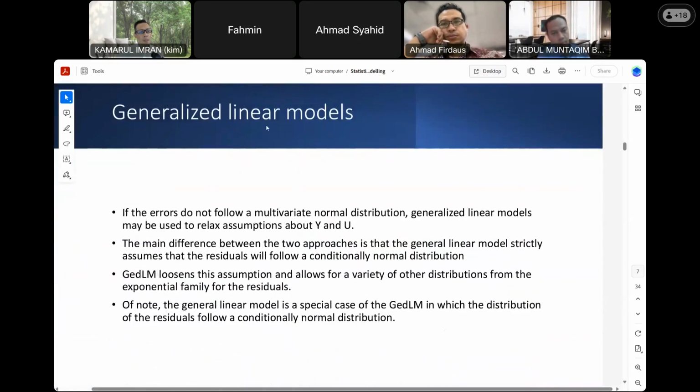And then we have generalized linear model because we know that, for example, if we use linear regression for categorical outcome, for example, our outcome of interest is dead or alive, in this case we code dead as 1, alive as 0. The computer doesn't know that 1 is dead and 0 is alive.